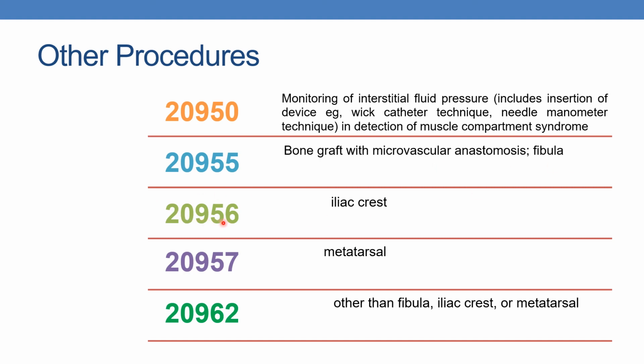The next is 20956, bone graft with microvascular anastomosis, iliac crest. The next is 20957, bone graft with microvascular anastomosis, metatarsal. The next is 20962, bone graft with microvascular anastomosis other than fibula, iliac crest or metatarsal.